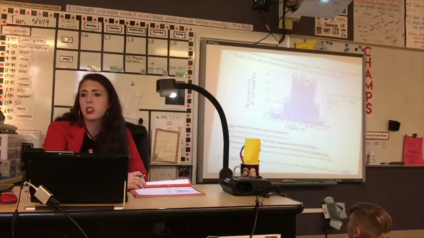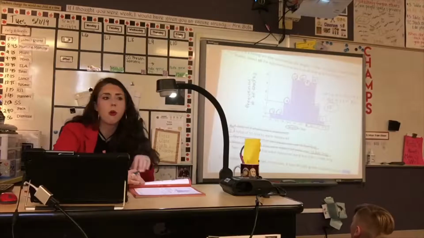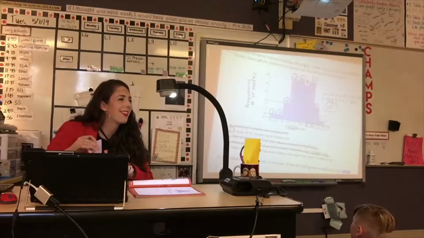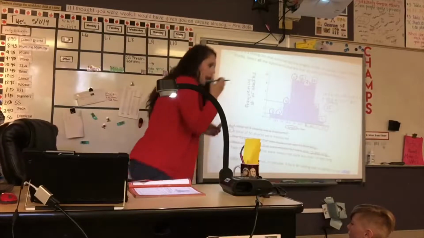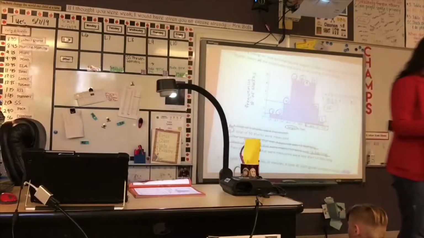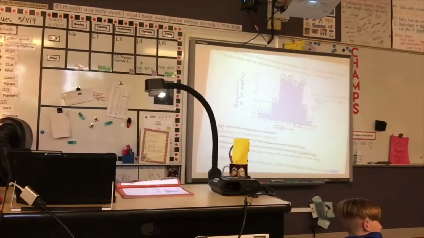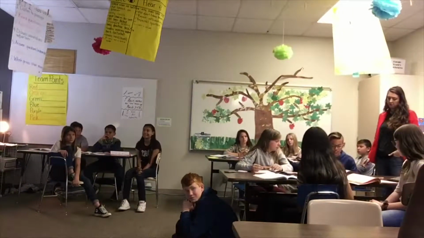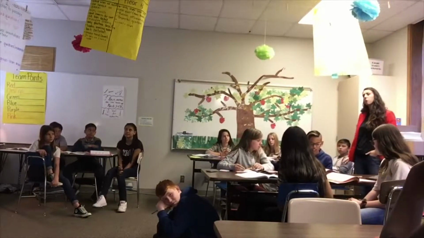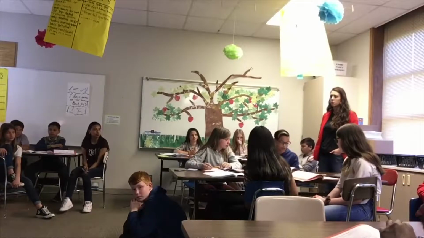Stand up if you have evidence as to why E is correct. Bradley, you want to share? Okay, go for it. Okay, so there's 2 sharks less than 14 feet because if you look at the 14, it has to be 13 because you do less, because if you did 14, it'll be over, and you count it and it's 2.